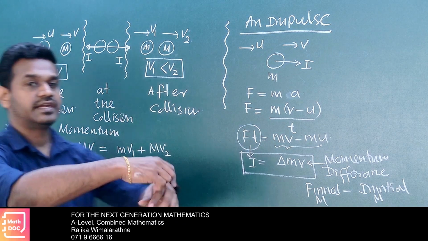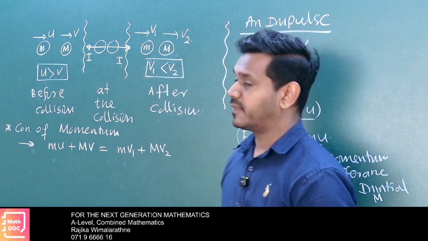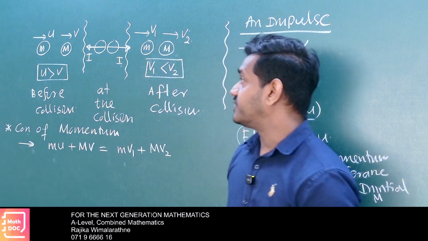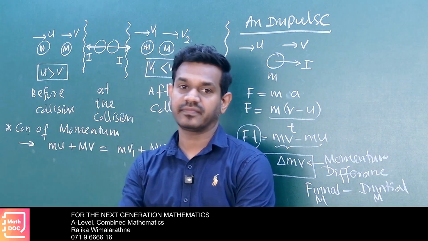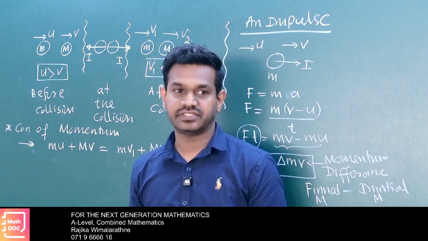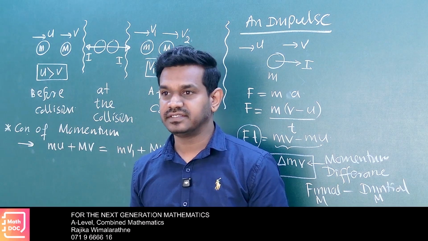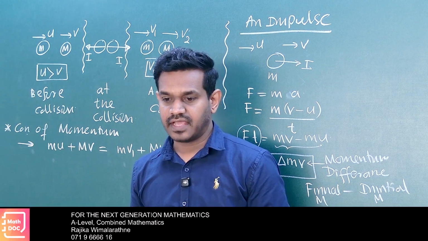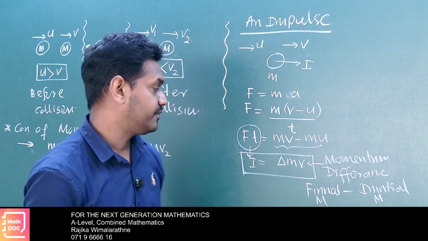Let two spheres, small m and capital M, with velocities u and v, move along the same direction as in the given figure.